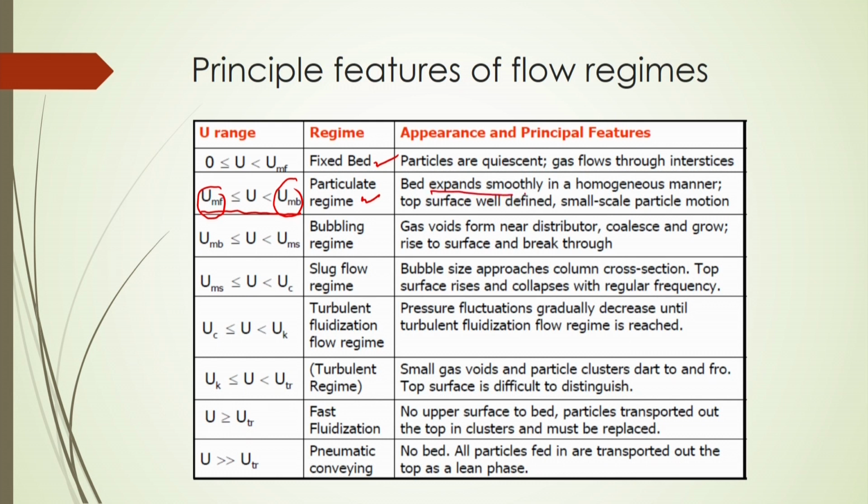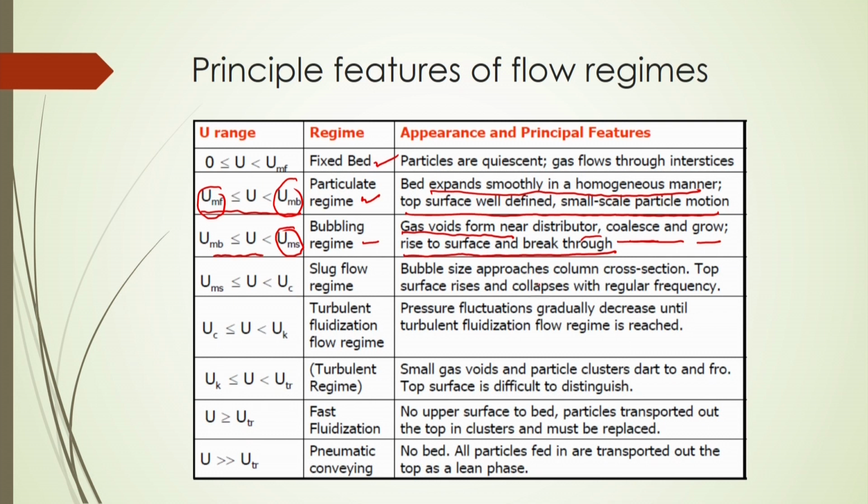In this case, the bed expands smoothly in a homogeneous manner, the top surface is well defined, and small scale particle motion will be there. Whereas in bubbling regimes, beyond this minimum bubbling fluidization velocity and less than the minimum velocity for slugging condition, gas voids form near the distributor, the bubbles coalesce and grow, rise to the surface and break through.